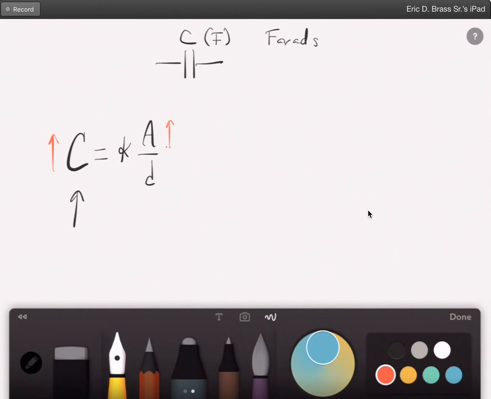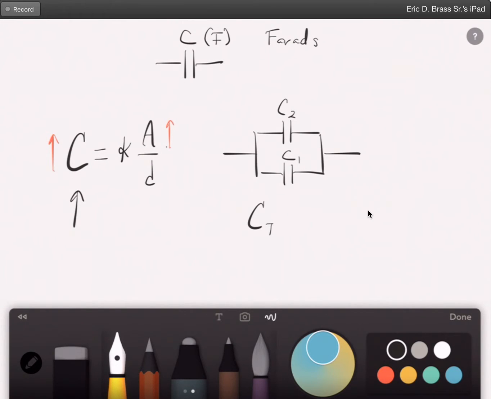The way we increase the area is by putting capacitors in parallel, like so. You can have C1 here and then C2, and they end up being additive. So the total capacitance for this kind of circuit, if this is plus on this side and minus on this side, is just C1 plus C2.